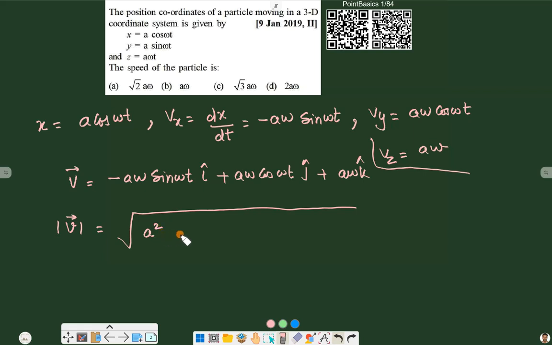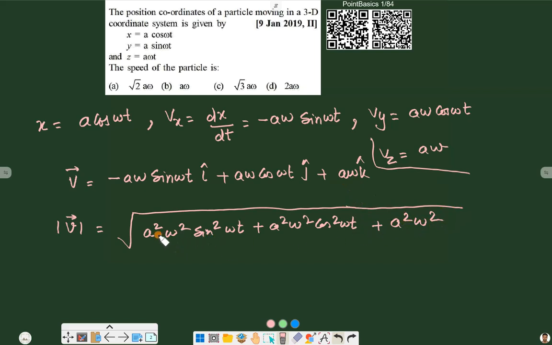a square omega square into sine square omega t plus, squaring this, a square omega square cos square omega t plus the square of this term, a square omega square.